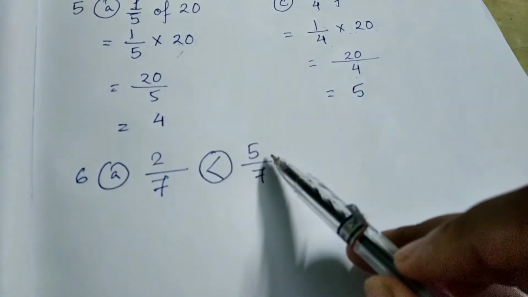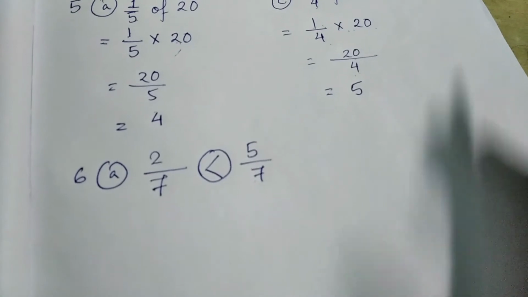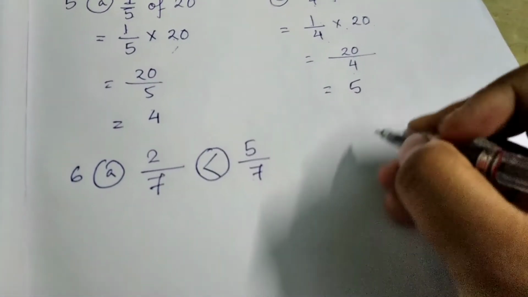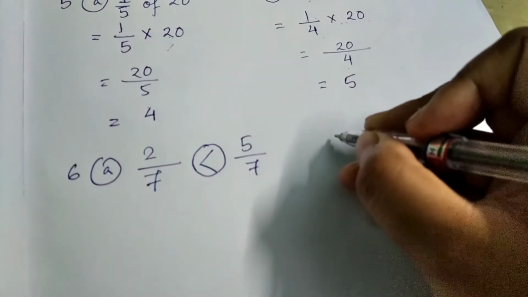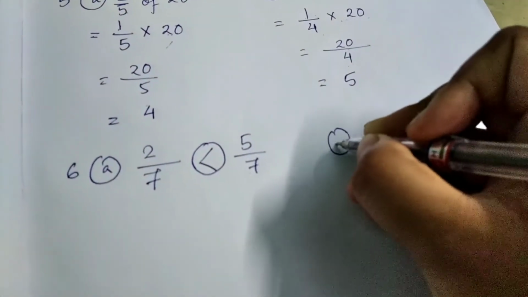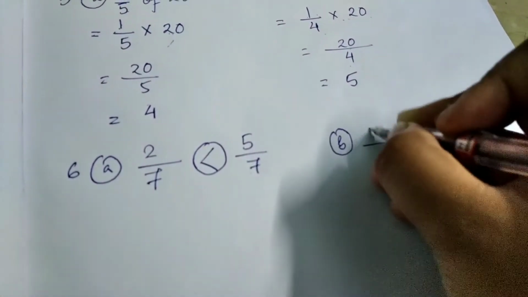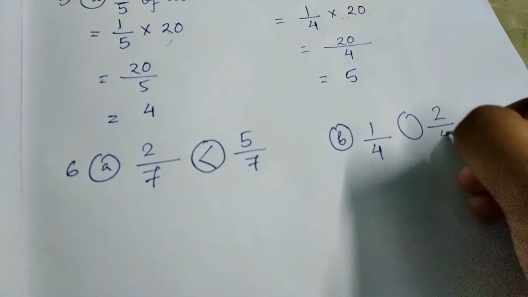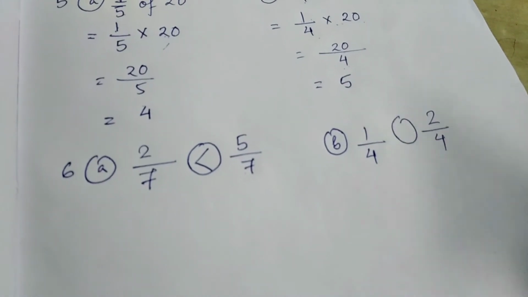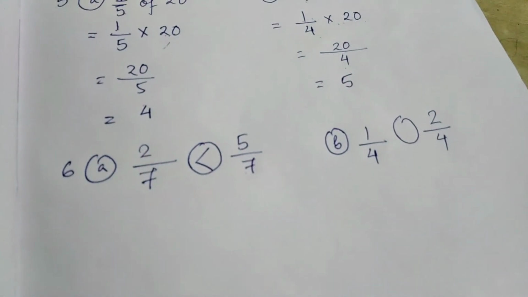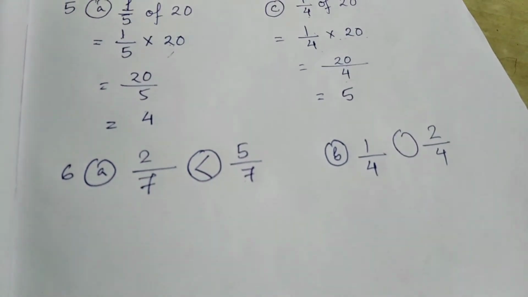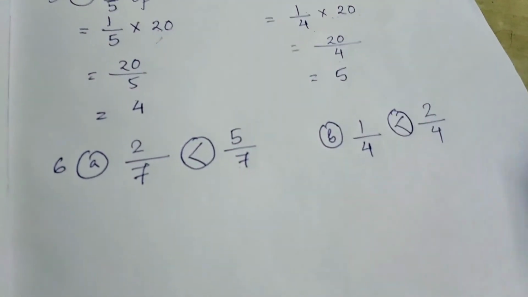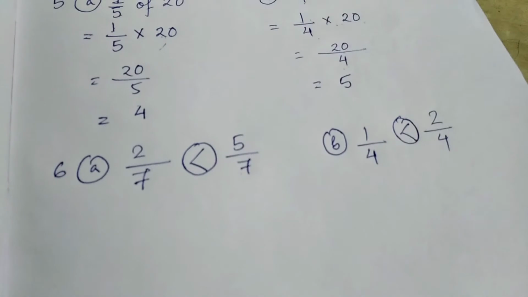The open side is greater, you just remember that, and this side is smaller. Similarly for question b, what symbol will you put? 1 by 4 and 2 by 4 are given. There are 4 parts, one person has been given 2 parts and another 1 part. Which one is greater? Obviously 2 parts, 2 out of 4, is greater.